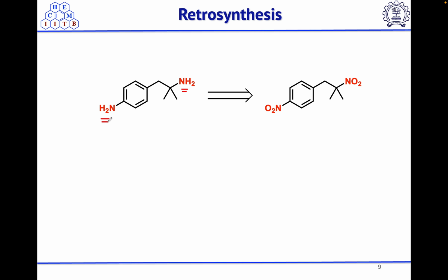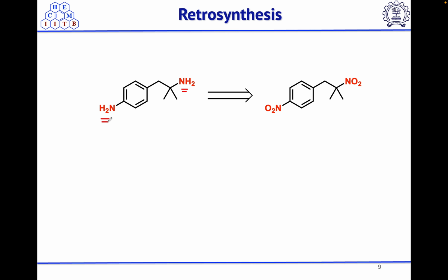So let's see. We can think about some FGI, functional group interconversion, like from nitro we can get this amine.